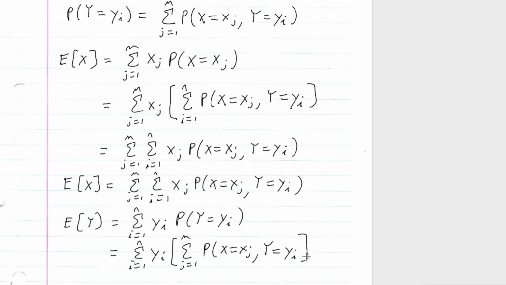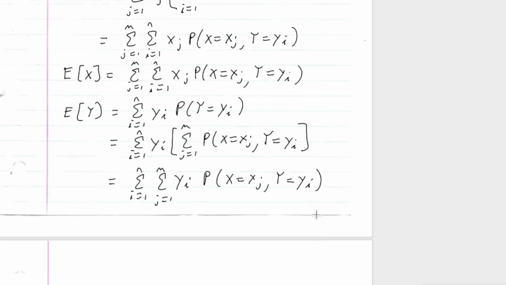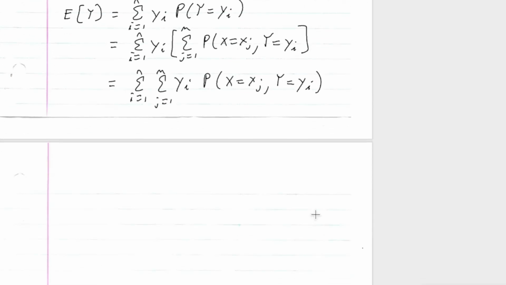So ultimately, this is equal to the sum from i equals 1 to n of the sum from j equals 1 to m of y sub i times the probability that X is equal to x sub j and Y is equal to y sub i. Let me scoot that here.